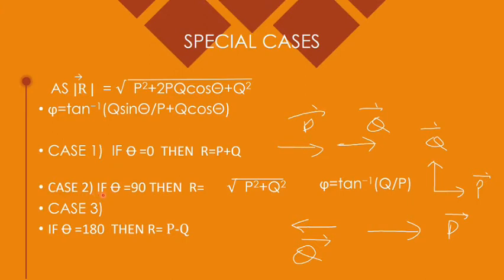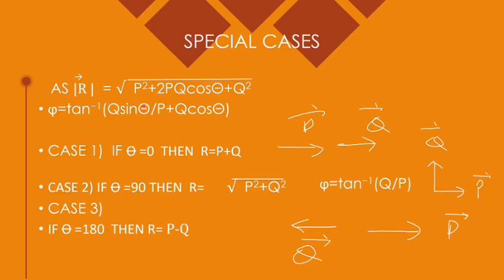Second case is if theta is 90 degrees. Theta is 90, it means the p vector and q vector are perpendicular to each other. P is this way, q is this way. By using the triangle law, you can find the resultant by drawing the diagonal. If you want to find the magnitude of this resultant vector, again in this equation you put theta equals 90 degrees. Cos 90 is 0.